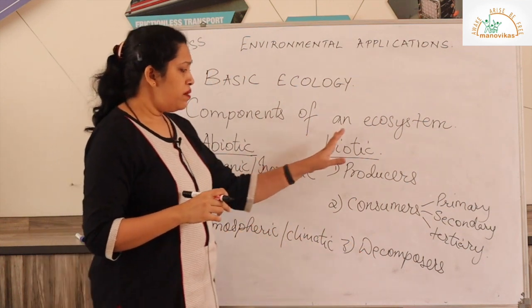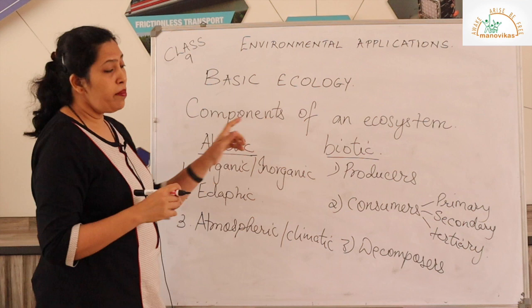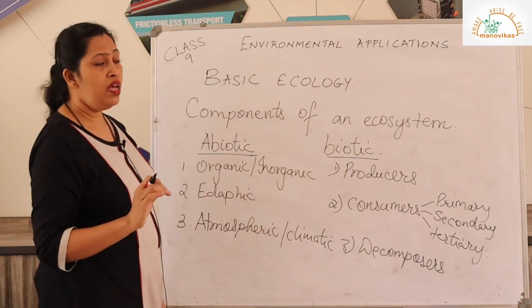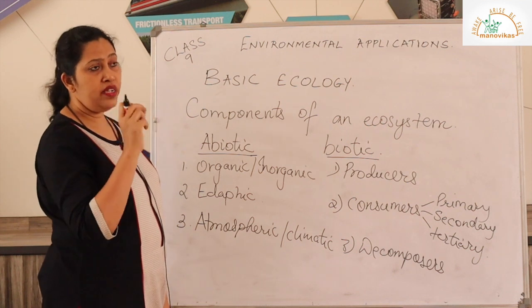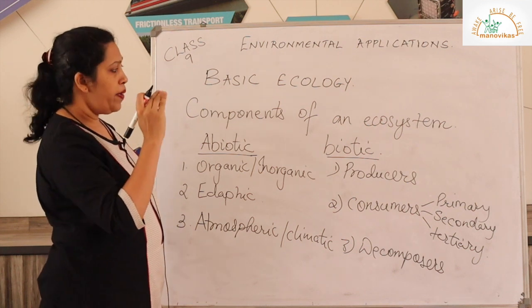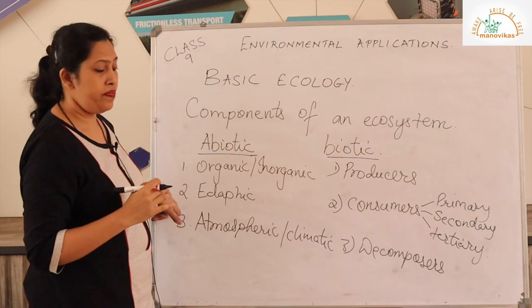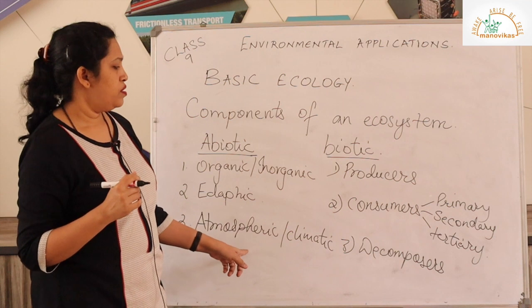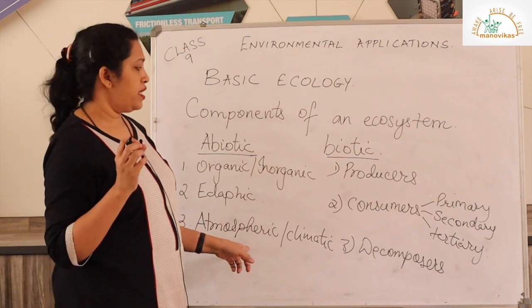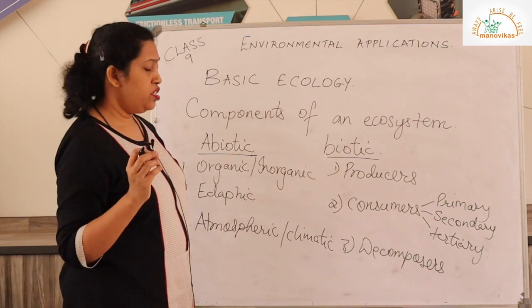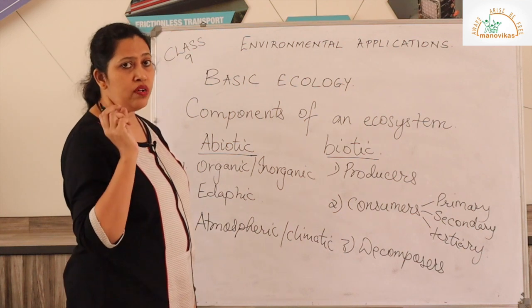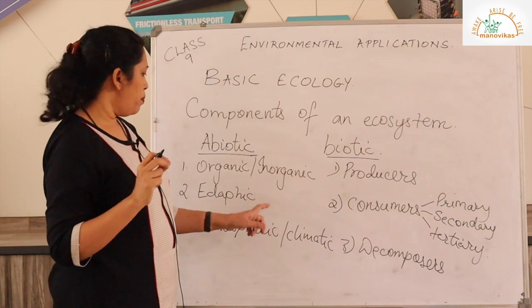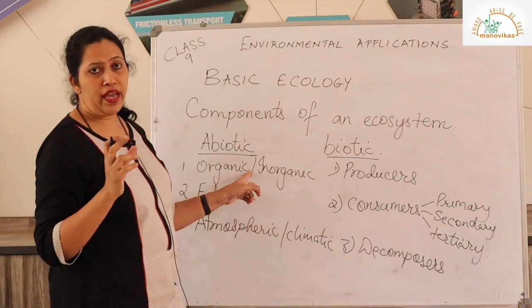So all these abiotic factors and biotic factors, each one of them plays a very important role in the organism's life. Either it is plant or animal, they will depend on all these factors in the ecosystem. If we take an example of a fish, a freshwater fish or a fish in marine water, even salinity will be an abiotic factor which will affect its life.